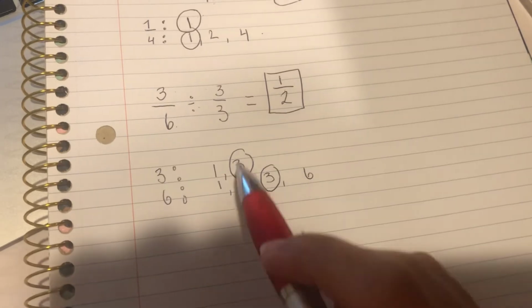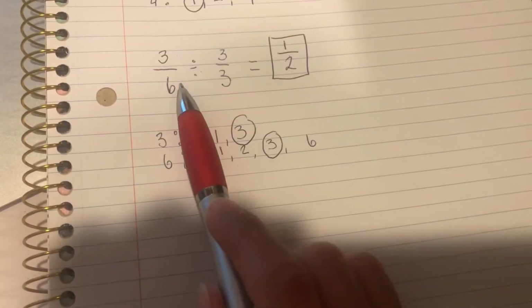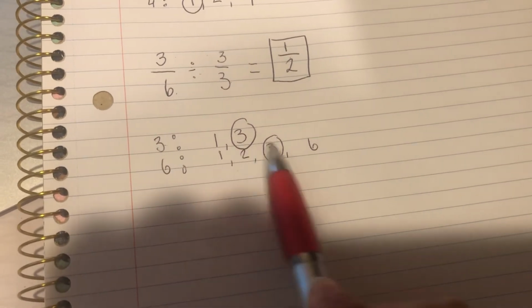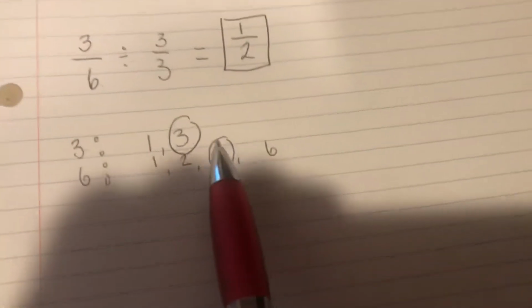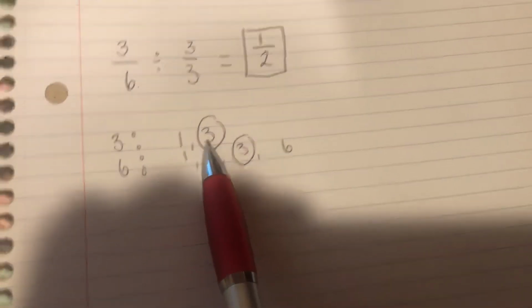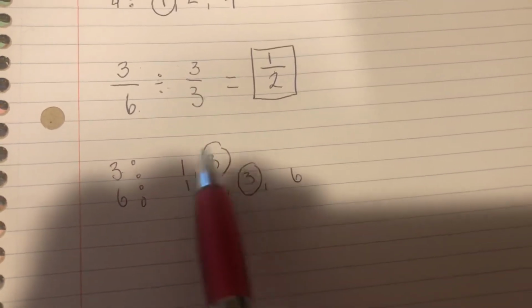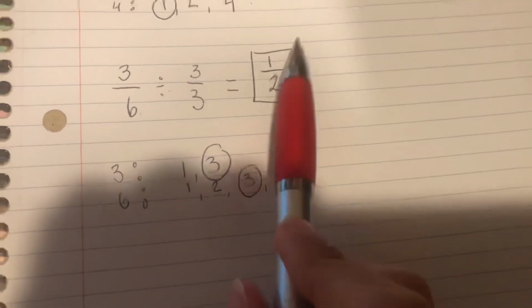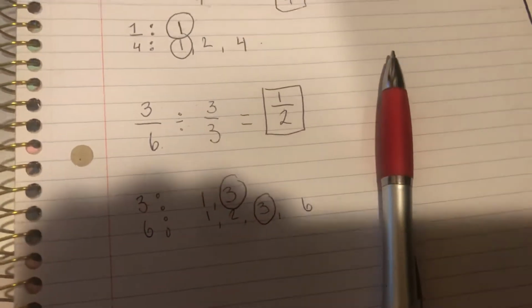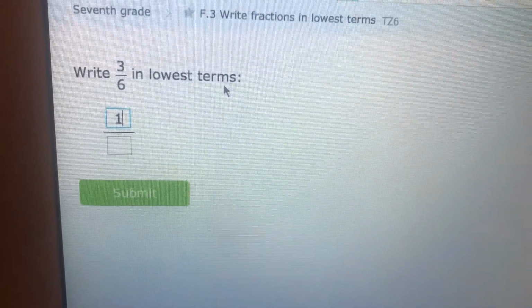So, remember, we find the greatest common factor between the numerator and the denominator. I found that the biggest factor that they both have in common is 3. Once I found that, I circled it, and I divided the numerator and the denominator by the greatest common factor, and then I found my fraction in its simplest form, or lowest terms, as they say. So we got 1/2.